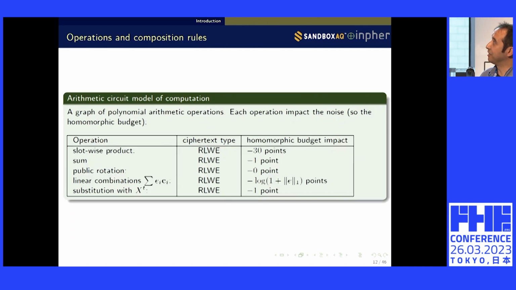And the nice thing is that we can take all the operations that we have, slot-wise product, sum, rotation, and map them in terms of how many points each requires.